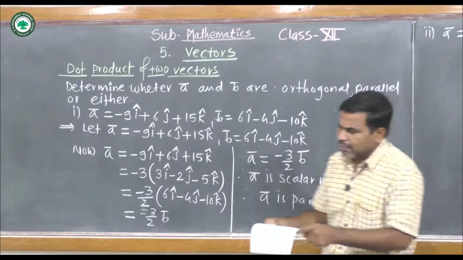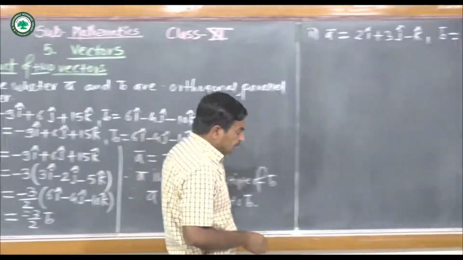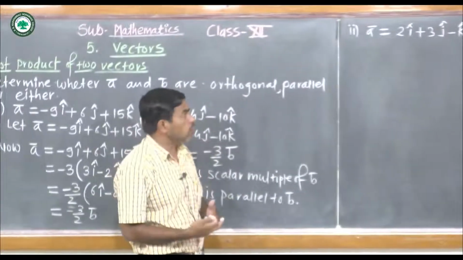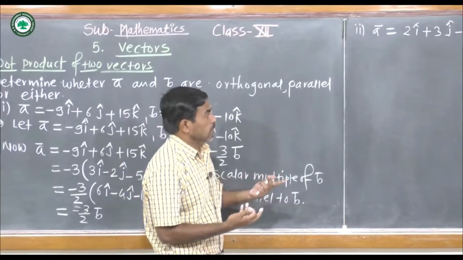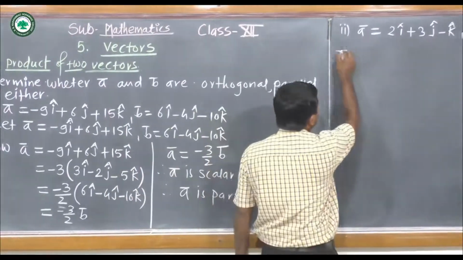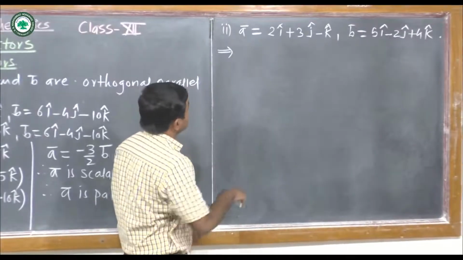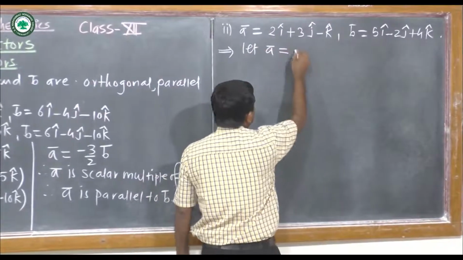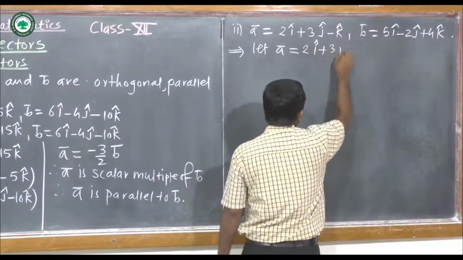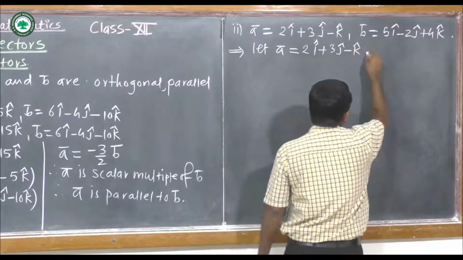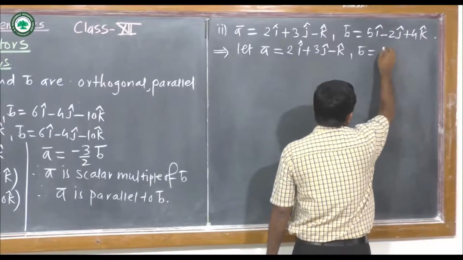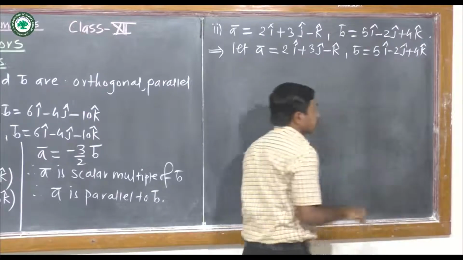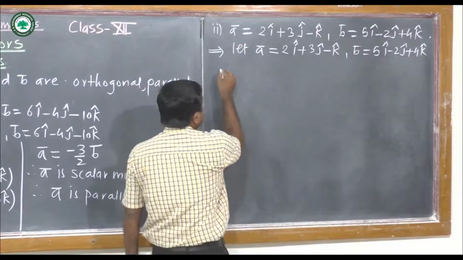Here A bar and B bar are given. We have to check whether A bar is parallel to B bar, or whether A bar is orthogonal, meaning perpendicular, to B bar, or both. Either means both. So let A bar is equal to 2I cap plus 3J cap minus K cap, and B bar is equal to 5I cap minus 2J cap plus 4K cap.